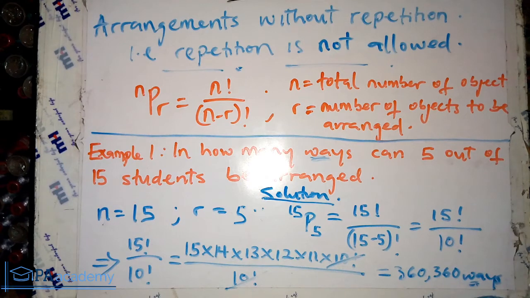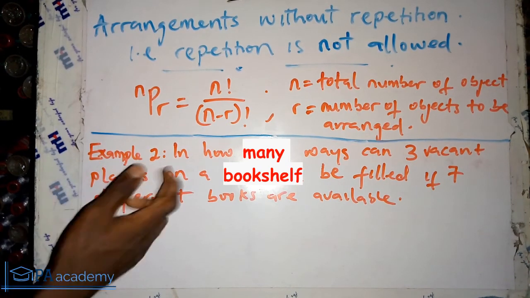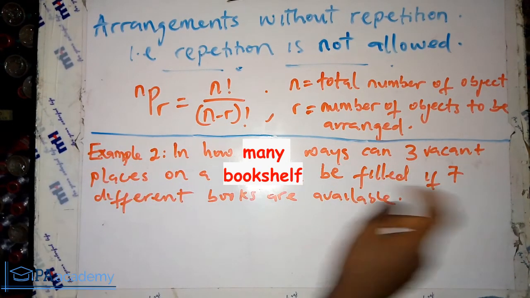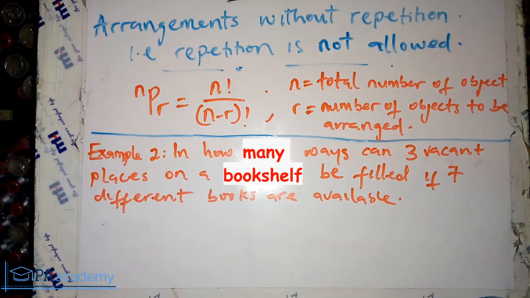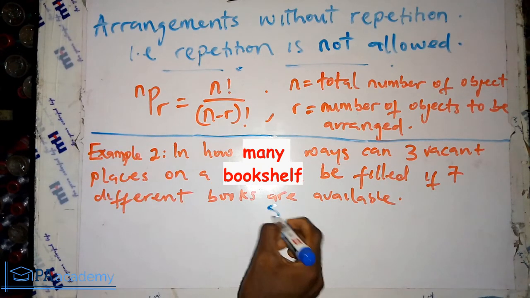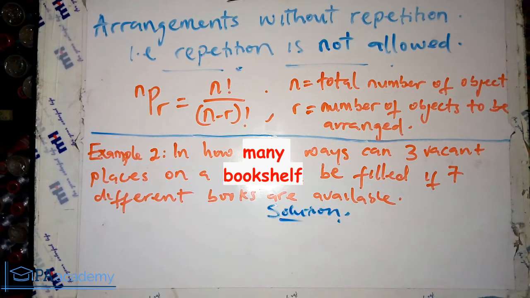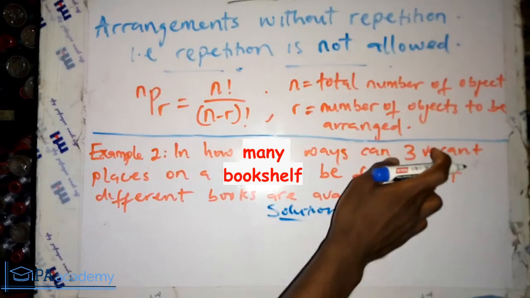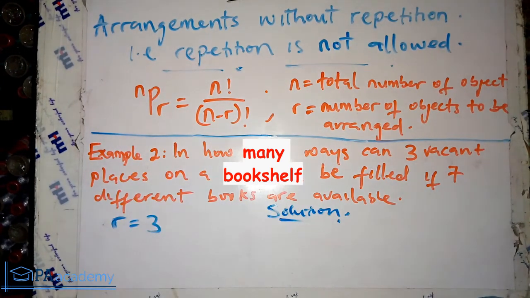So let's look at another example. Example 2 says, in how many ways can 3 vacant places on a bookshelf be filled if 7 different books are available? So let's bring out our values. In how many ways can 3 vacant, that means our r is 3, the number of objects to be arranged.